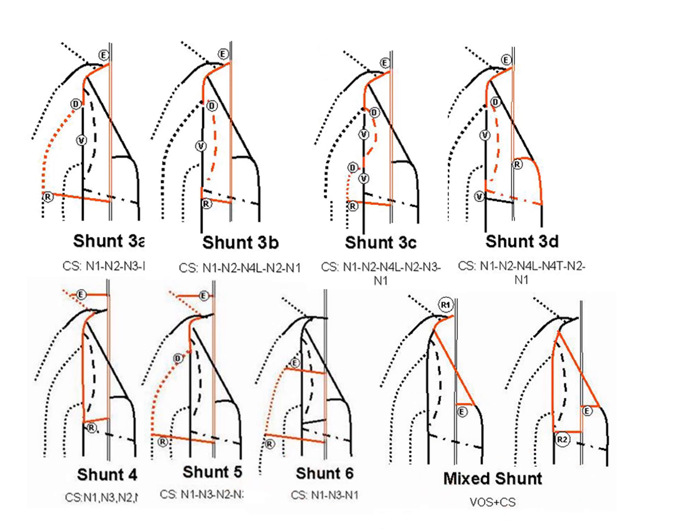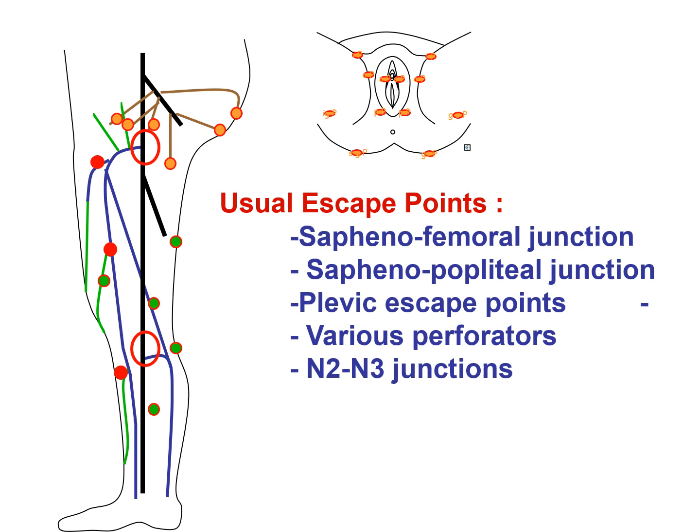I don't describe them precisely here; they will be described in the other lectures. The usual escape points are the saphenofemoral junction, the saphenopopliteal junction, pelvic escape points, perforators, and N2 and 3 junctions.